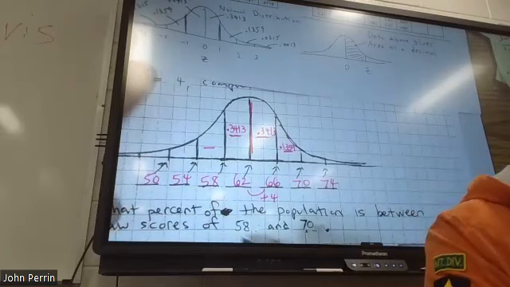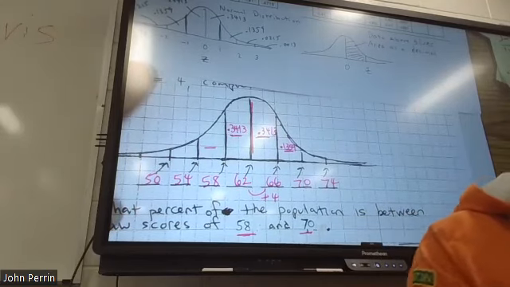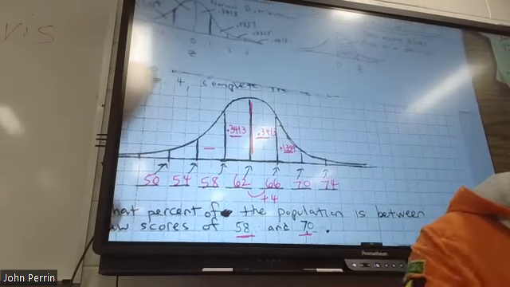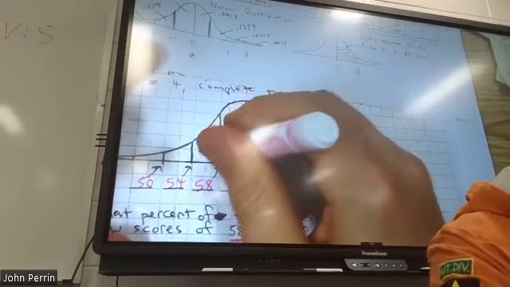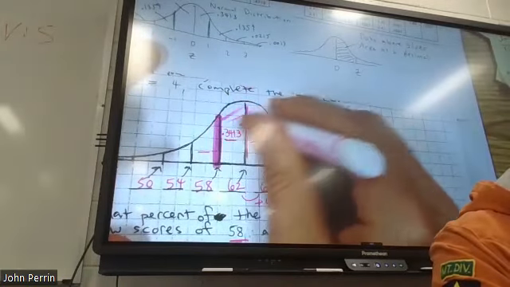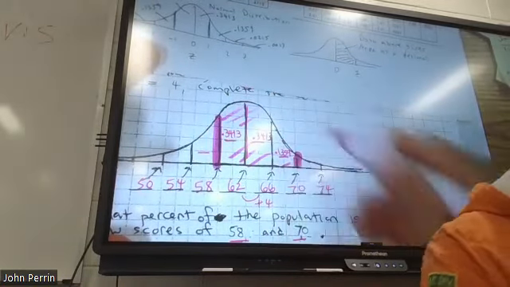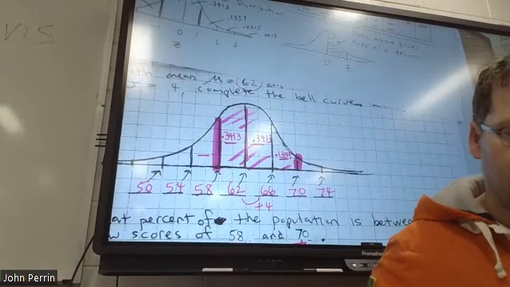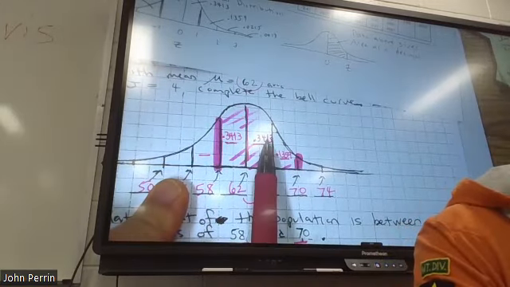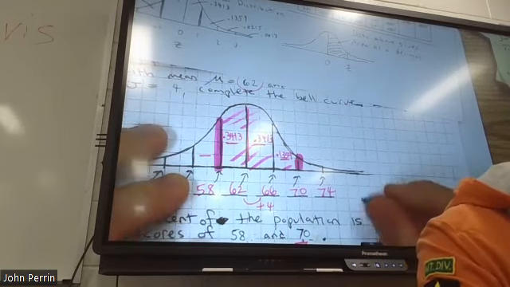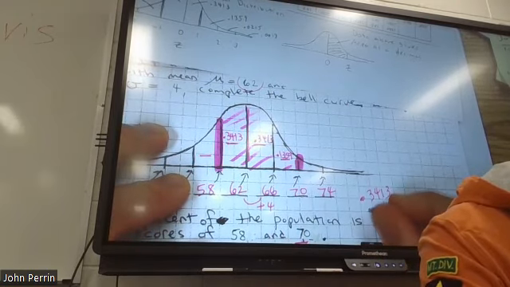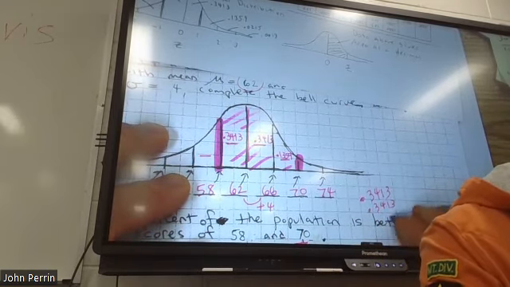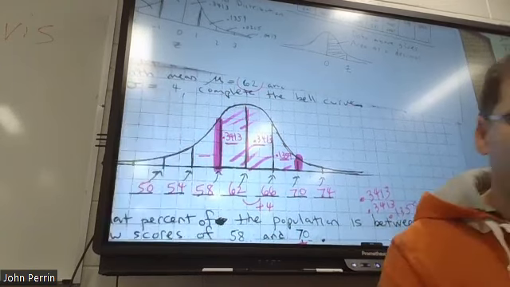For this particular question, what do we want? We want to be between 58 and 70. Looks like I filled in the numbers exactly where I wanted them to be. So here's 58. And we're going to go all the way up to 70 right there. So the answer is going to come by adding this number to this number to this number. 0.3413 plus 0.3413 plus 0.1359.